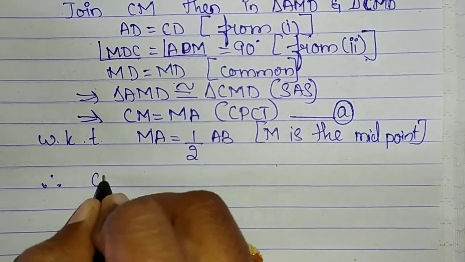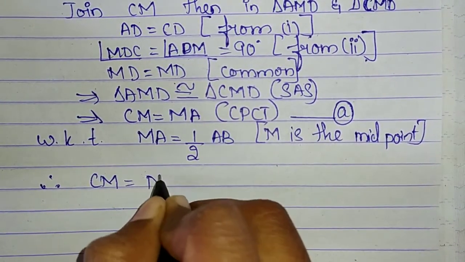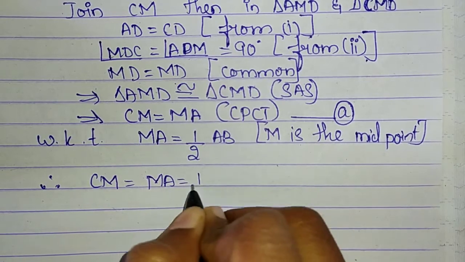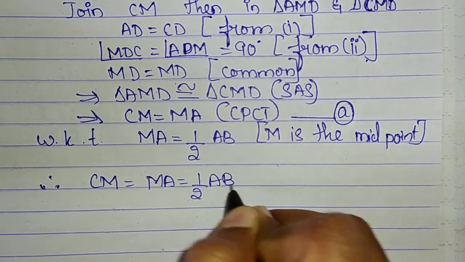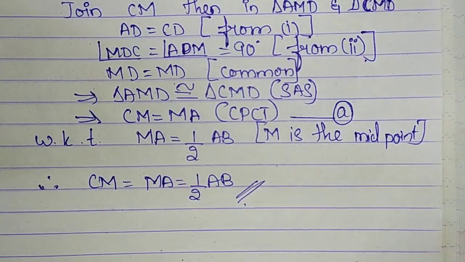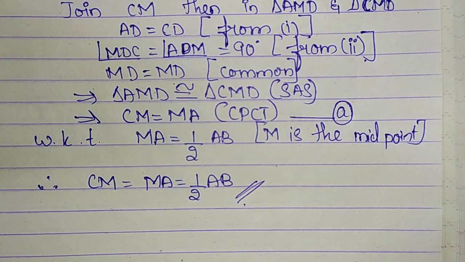Therefore, CM is equal to MA is equal to half of AB. This is the required solution for the third sub-question of the seventh question from your exercise 7.2. So this completes the chapter quadrilaterals.